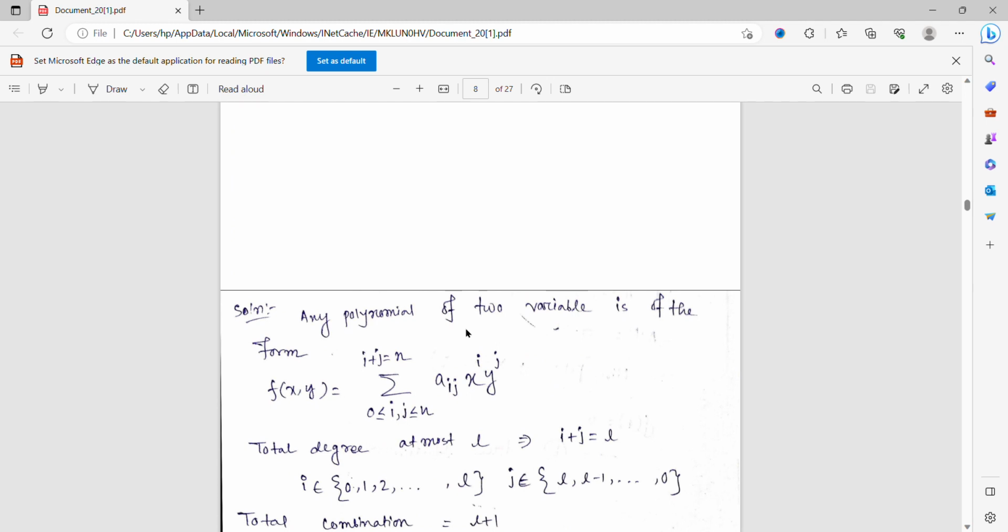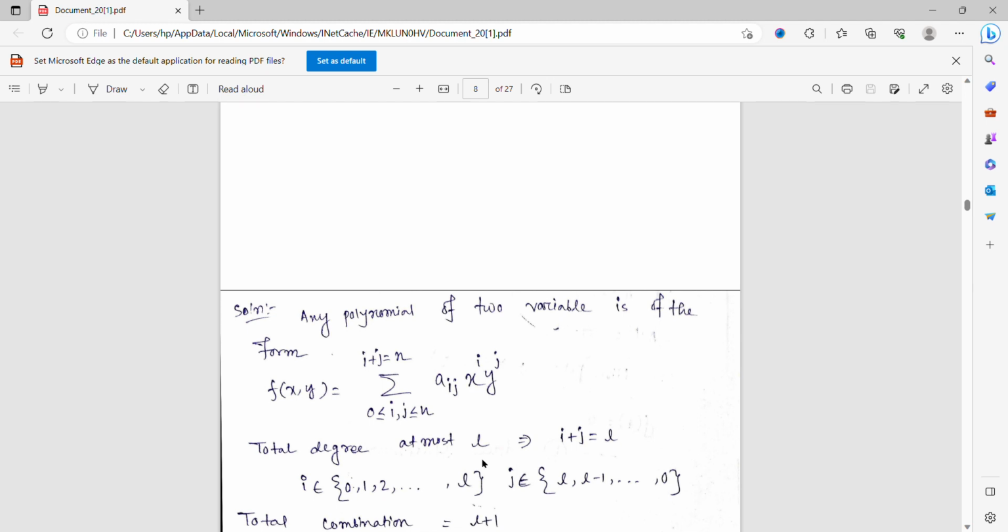Now, any polynomial of 2 variables of total degree n is of the form f(x,y) equal to the sum over 0 less equal to i, j less equal to n, i plus j equal to n, of a_ij x to the power i, y to the power j, right?